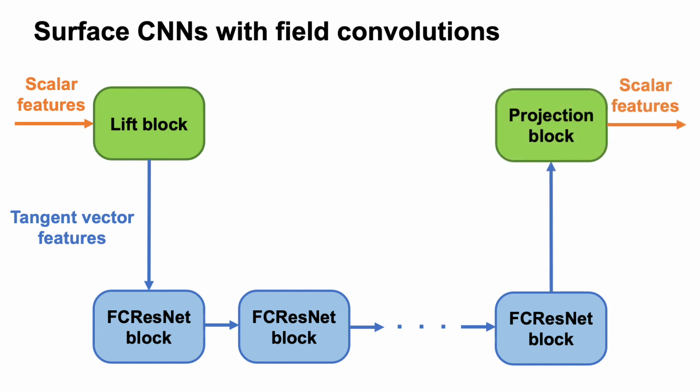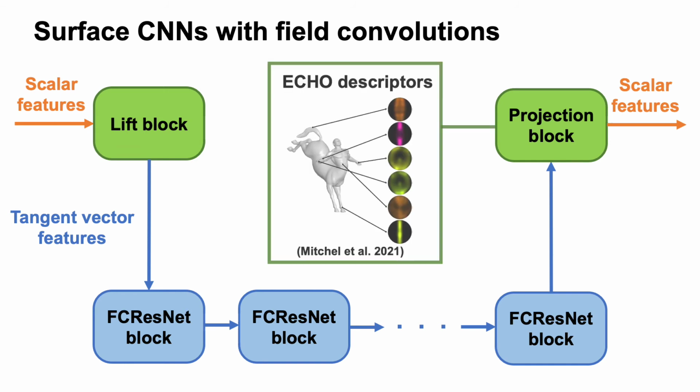Afterwards, the vector field features can be projected back down to scalar features, which are then used as predictions or passed to additional layers. For labeling tasks, we use the feature fields to compute echo surface descriptors, which are then fed through an MLP, turning the task from vector field classification into image classification in the final layer of the network.